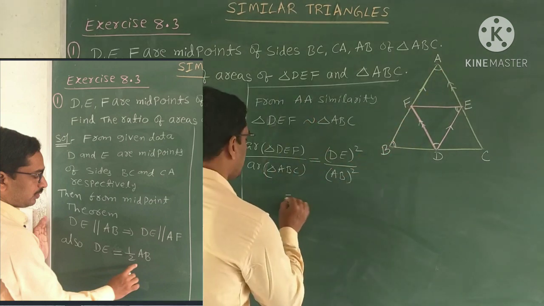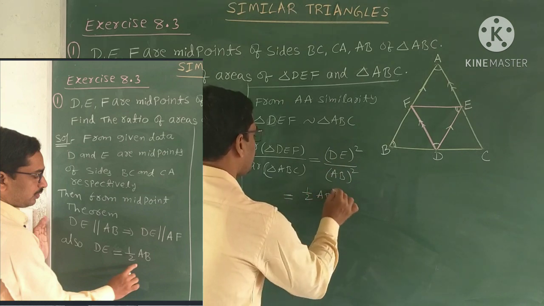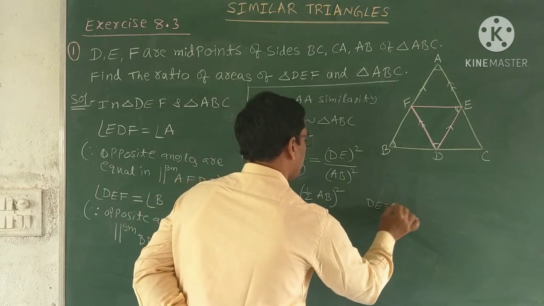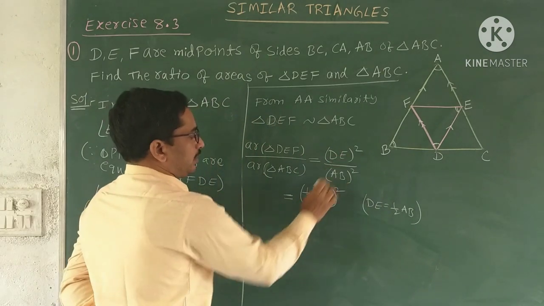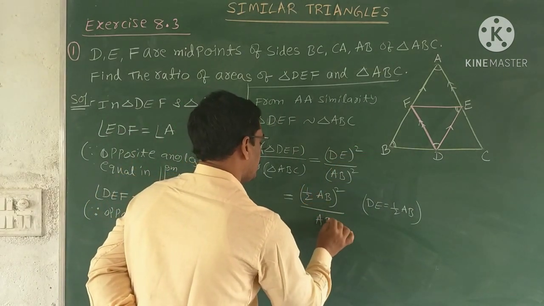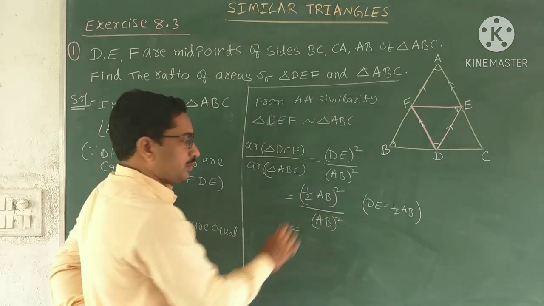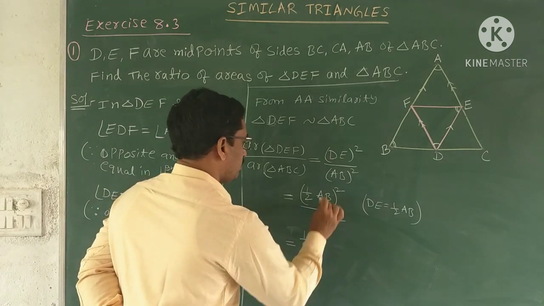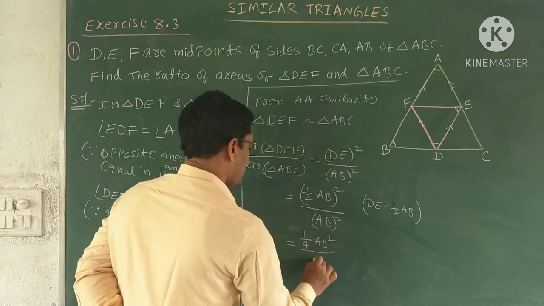So, DE equals half of the length of AB, whole square. Instead of DE, we write half of AB, squared, by AB square. Now separate the square: 1 by 2 whole square, 1 square is 1, 2 square is 4, AB square by AB square.